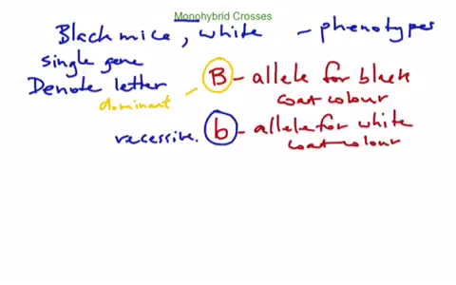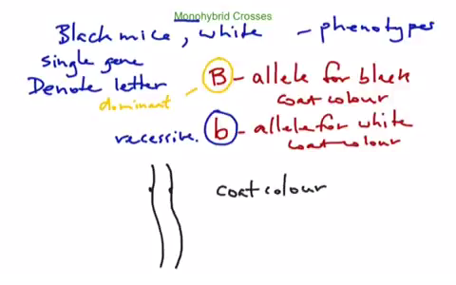So let's just try and imagine what we're looking at here. When we talk about the phenotype of coat colour being under the control of a single gene, what we're talking about is that in the cells of the mouse there will be a homologous pair of chromosomes. There'll be several pairs of homologous chromosomes, but on one particular pair will be found the gene that controls coat colour. In this particular case, the gene for coat colour has two alleles, big B and little b.